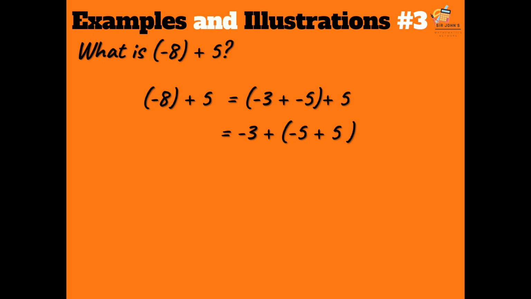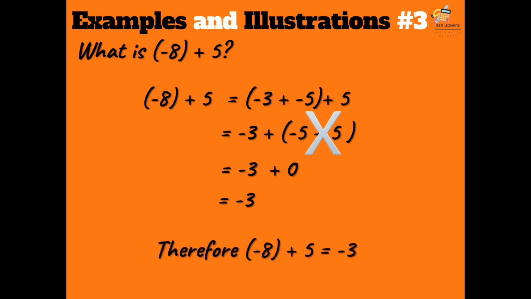So, kung mapapansin nyo dito, kung gagamit tayo ng counters, yung negative 5 at positive 5, i-cross out na natin yan because it will give us 5 zero pairs. So, that's why it will be equal to negative 3 plus 0. So, that's why the answer is negative 3. Therefore, negative 8 plus 5 is equal to negative 3.